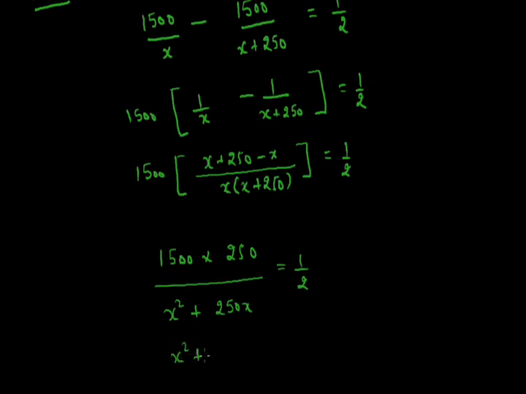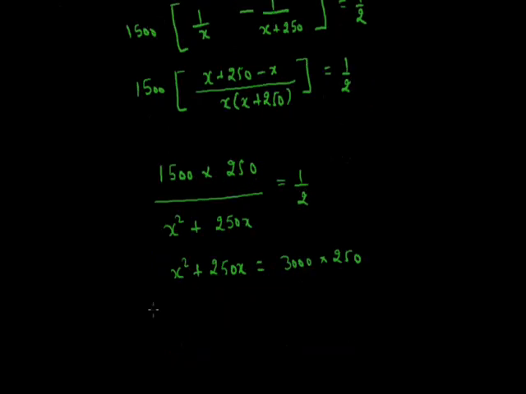So x square plus 250x is equal to 3000 multiplied by 250, or we can say the quadratic equation will become x square plus 250x minus 750000 equal to 0. Now we have to factorize 750000.